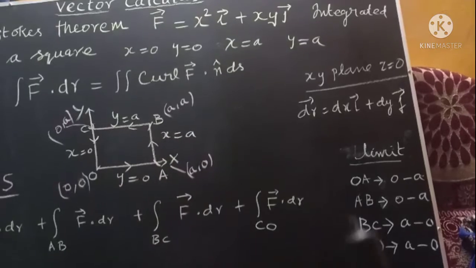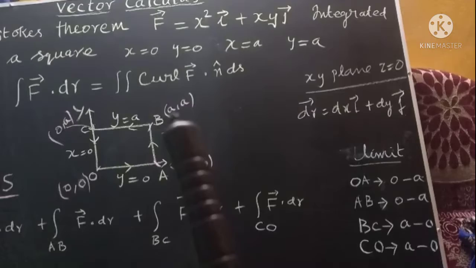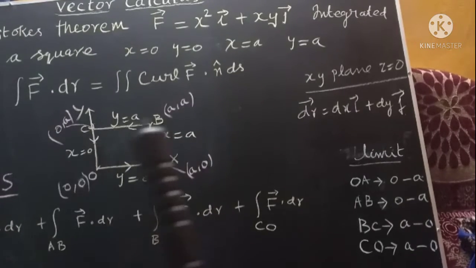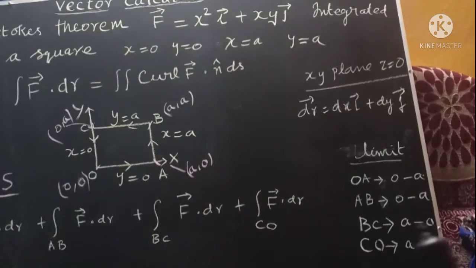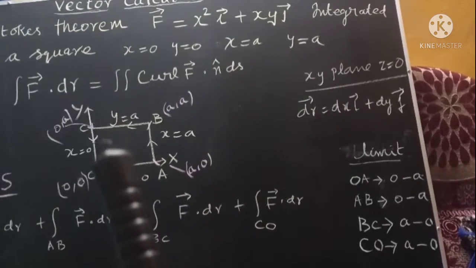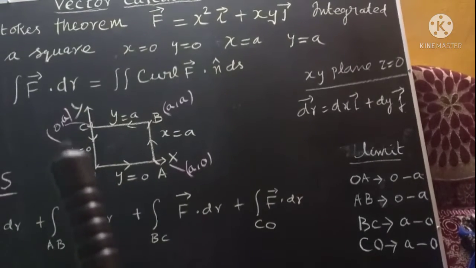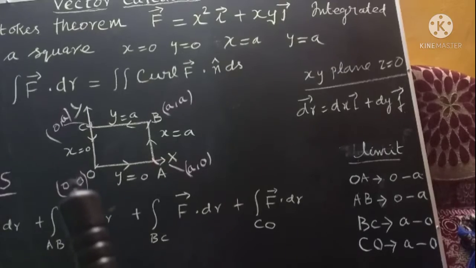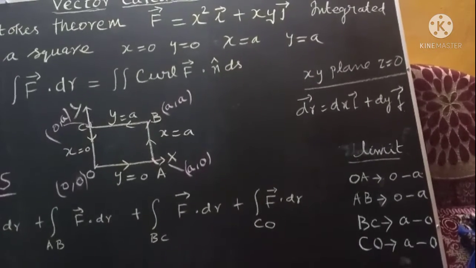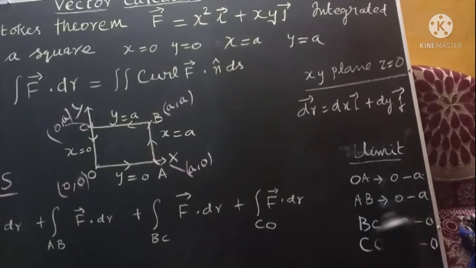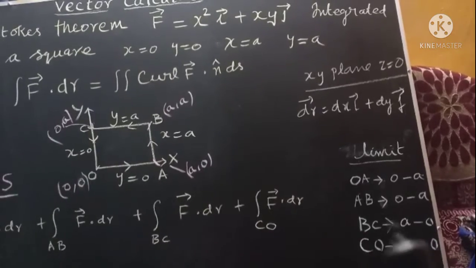Next BC, along the x-axis, x goes from a to 0. CO, from C to O along the y-axis, y goes from a to 0. So OA is 0 to a, AB is 0 to a, BC is a to 0, CO is a to 0.